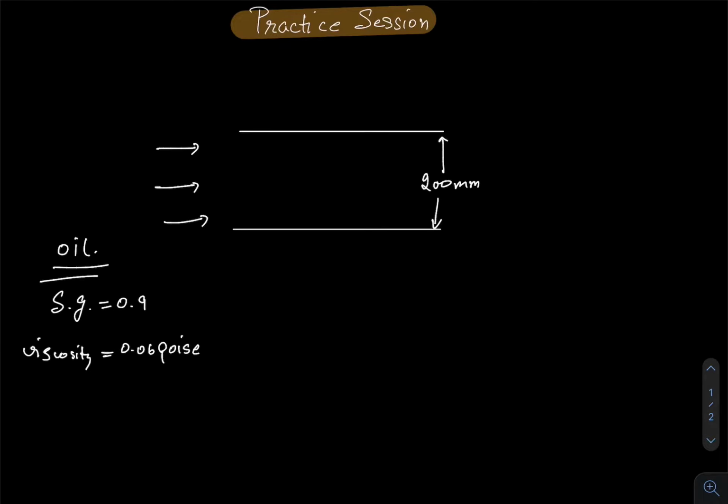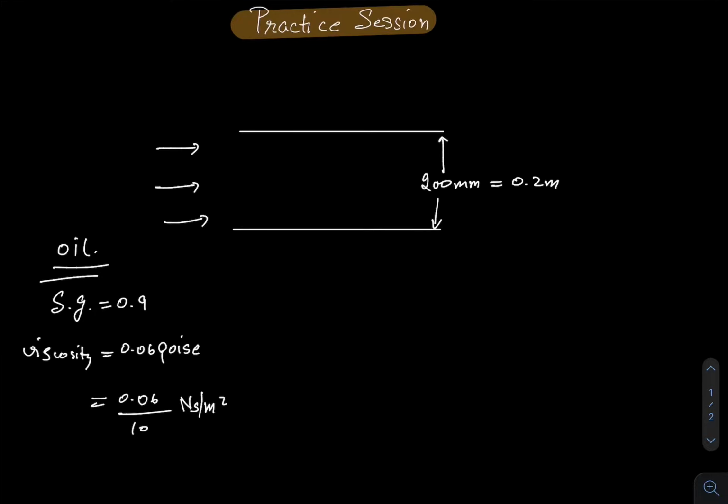Poise means this is a dynamic viscosity, which is also equal to 0.06 upon 10 Newton second per meter square. I hope you know the conversion: 10 poise is equal to 1 Newton second per meter square. Diameter is 200 mm, or I can say that it's 0.2 meter.